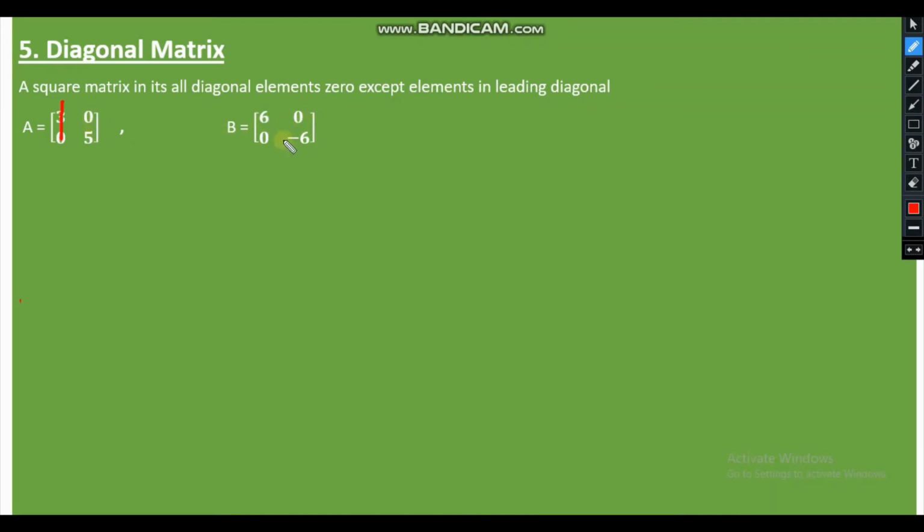So a diagonal matrix is a square matrix in which all non-diagonal elements are 0 except the elements in the leading diagonal. This is the leading diagonal: 6, minus 6. The leading diagonal elements need not be 0, they may be different, but the other elements will be 0.